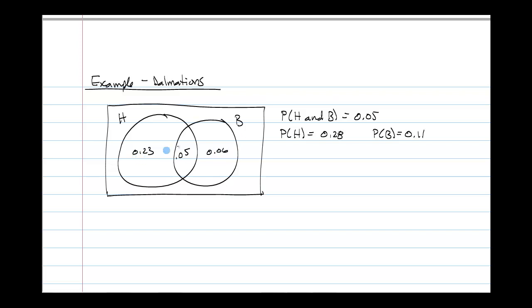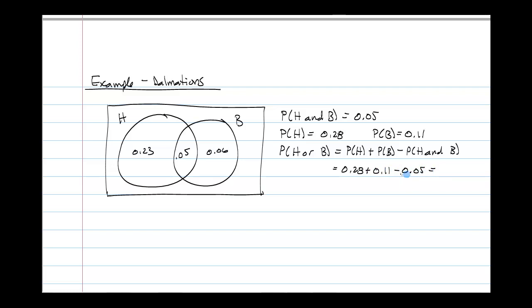Now if we add these up, the probability of H or B, we can follow that addition rule that we learned in the last chapter. That's the probability of H plus the probability of B minus the probability of H and B, because we counted that intersection twice. This would be 0.28 plus 0.11 minus 0.05.